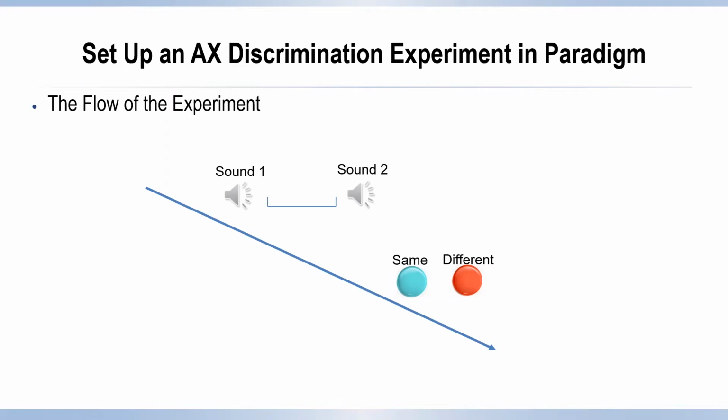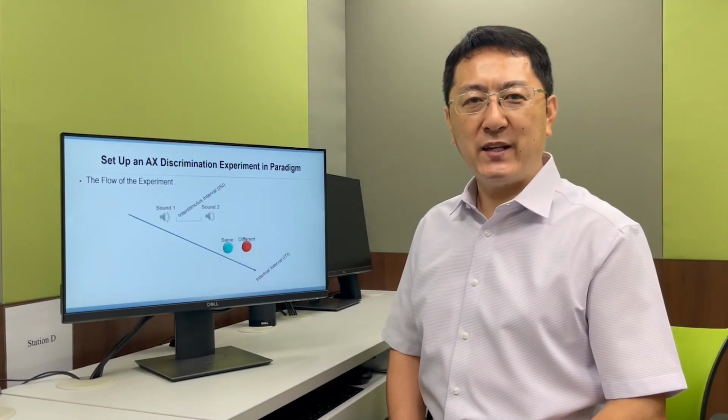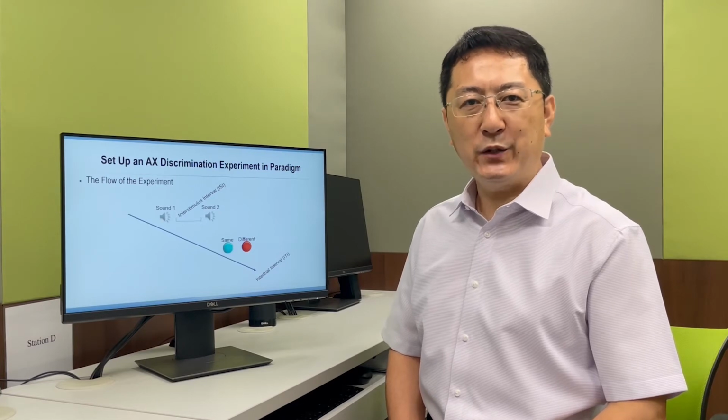When setting up this experiment in Paradigm, we need to consider these elements: the time duration between the two sounds, which we call interstimulus interval, and the time duration between the trials, which we call intertrial interval. If you want to know how to set up and revise a Paradigm experiment, please look at our earlier episodes.